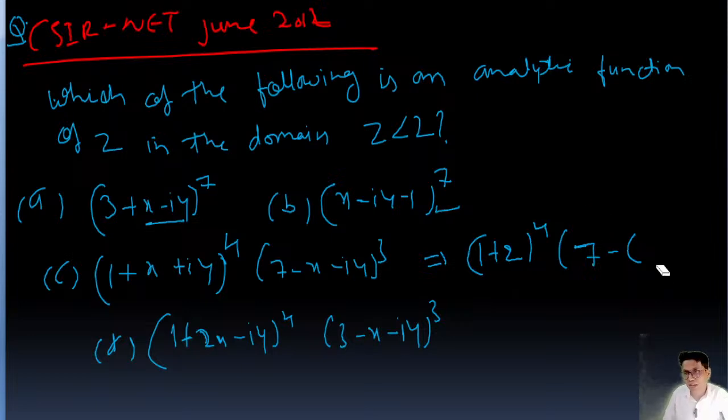So minus z to the power 3. So this is an analytic function, right? There is no z bar term, there is no xy term, right? And there is no fractional power. So this is analytic, and if you check here, so this is 2x minus iy, right?